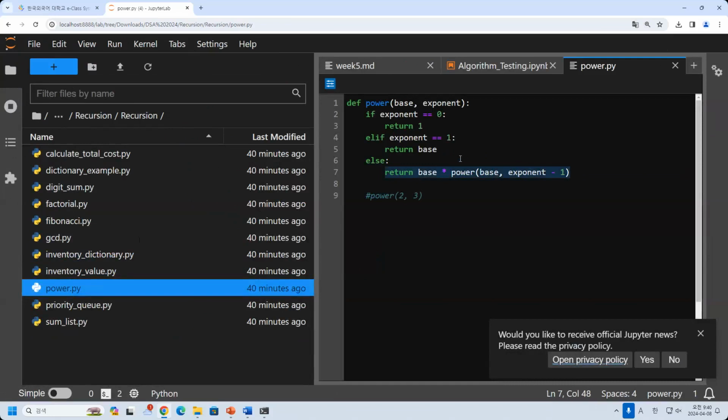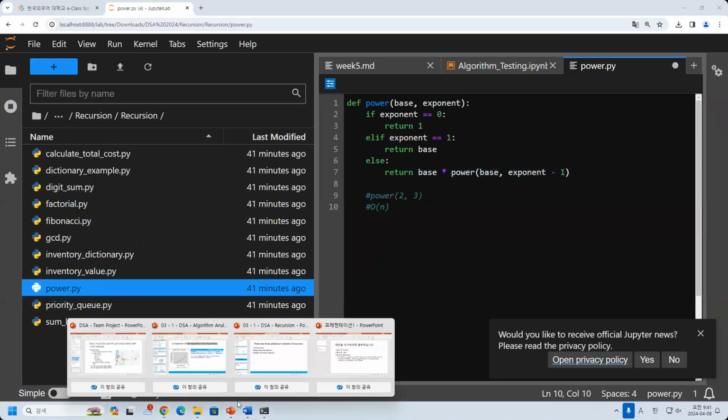Using this, it is O(n), because we will go through every number in the exponent, so this will be n times or linear time.